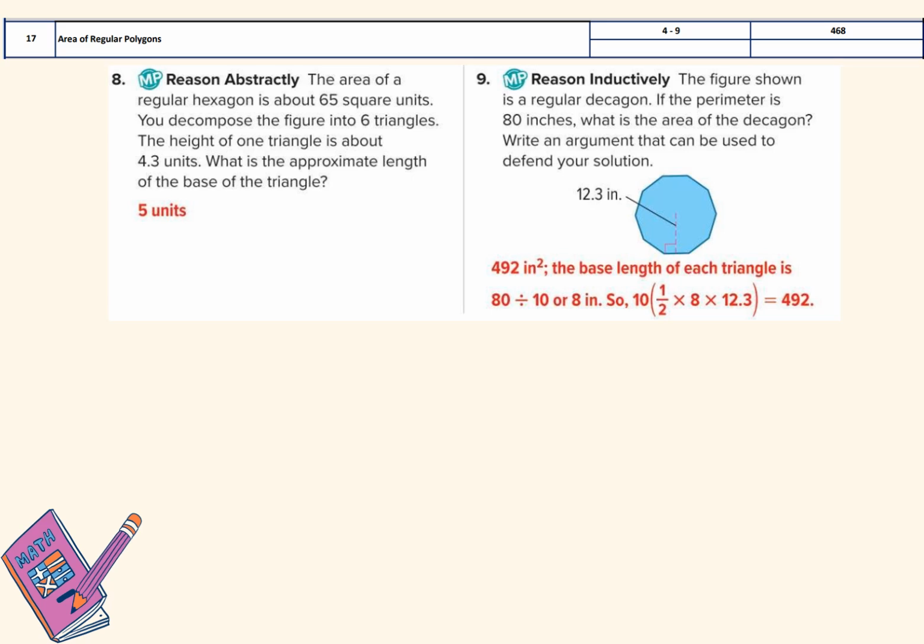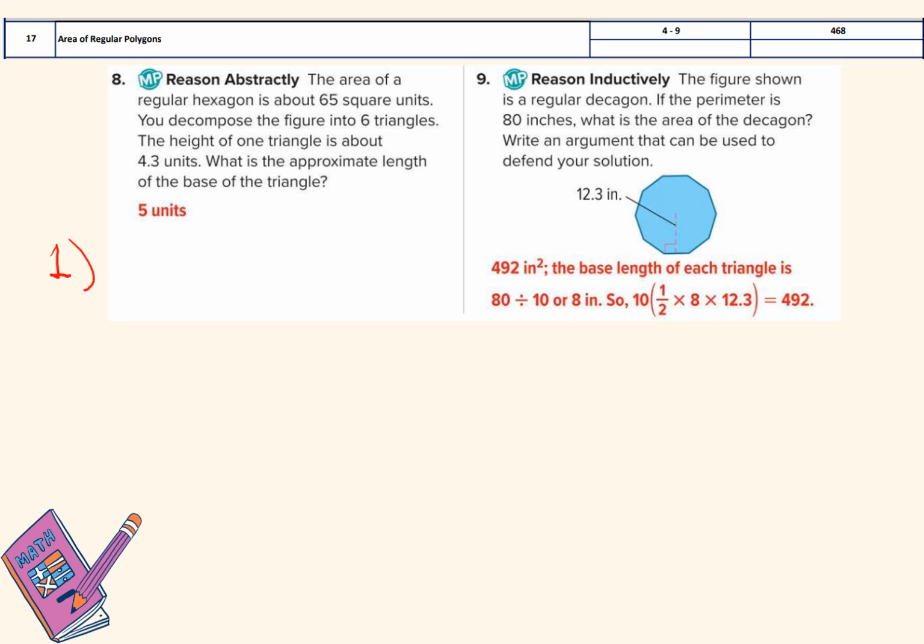So let me remind you that to find the area of any polygon, we divide the shape into triangles, regular, of course, congruent triangles. And then we multiply the area of each triangle by the number of them. So now I'll do the opposite.